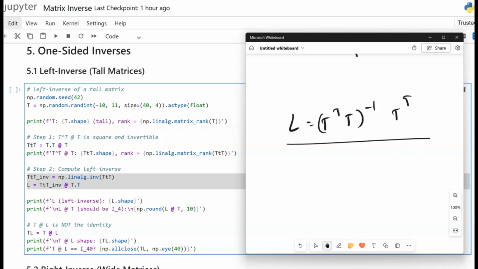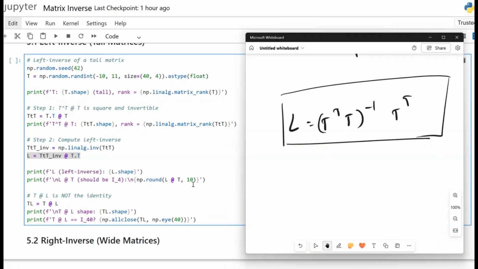Dear friends, we are also going to identify the property: this is the Moore-Penrose pseudo-inverse for a full column rank matrix. This is the exact equation, kindly observe. Next, let me find out what the left inverse property is.